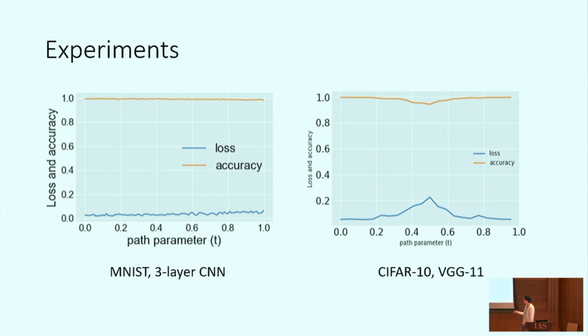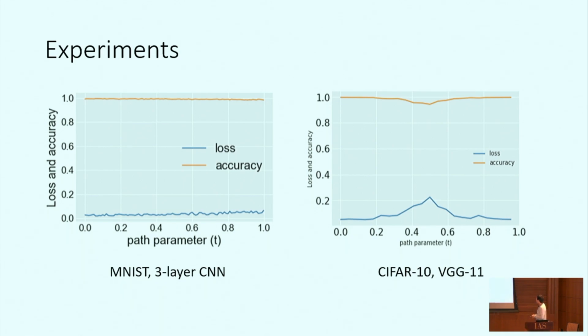So for the MNIST dataset, we just find 2 arbitrary optimal solutions, and we construct the path according to the theorem and the construction that I just showed you. And that actually performed really well. The loss remains low, the accuracy remains high.